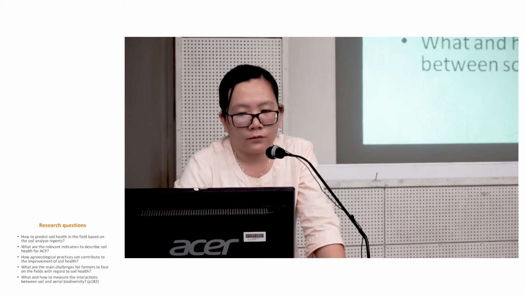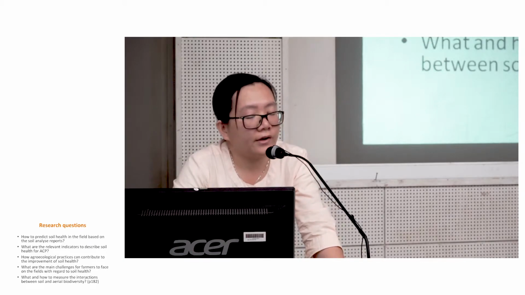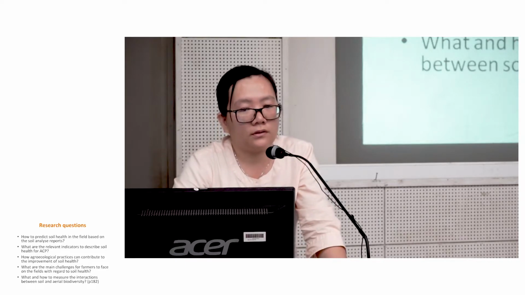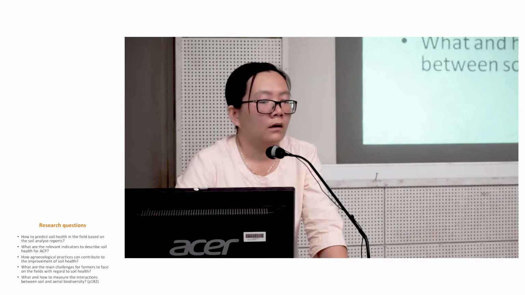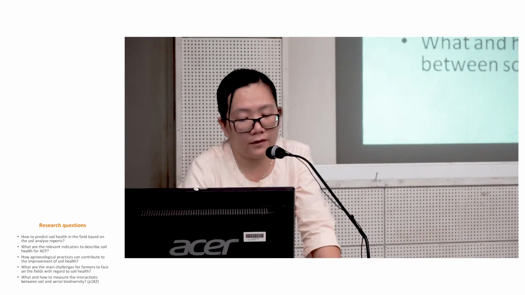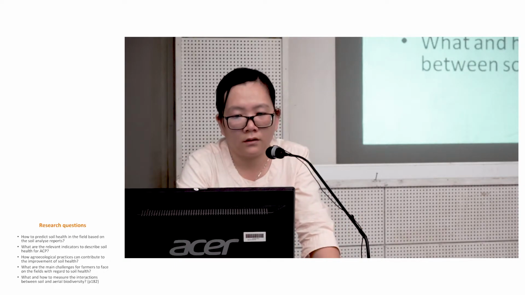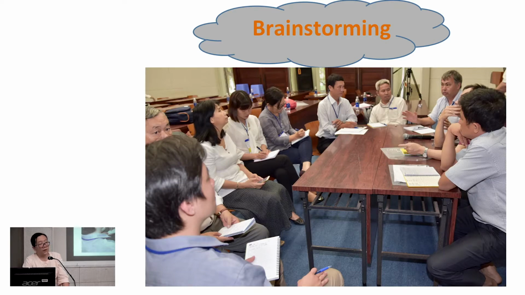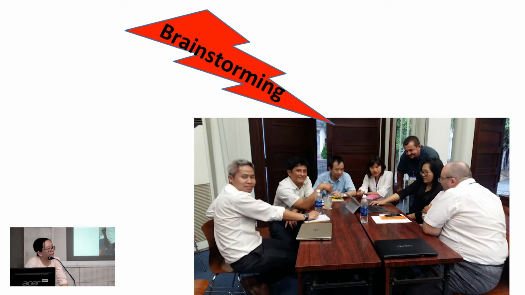For that question, we could refer to page 182 in the ACB book that Dr. Philip gave us. And to answer the questions, we need to brainstorm in our group, and maybe we will find a resolution.